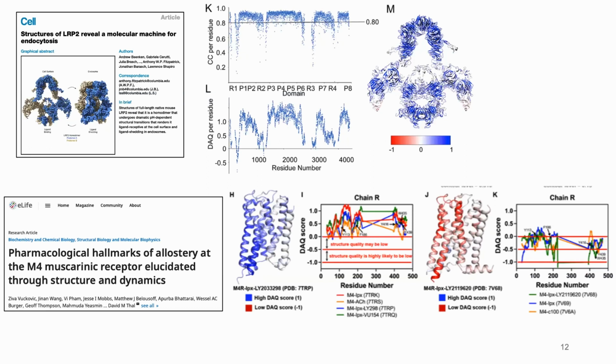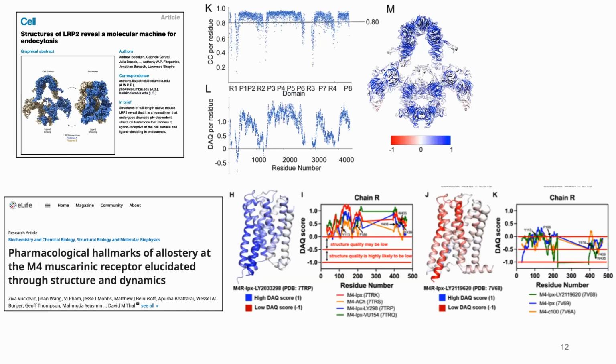For example, in this case, these regions don't show a clear color, so the value is maybe around 0. If we check the density map carefully, these regions are not clear, so the local resolution is maybe lower than 5 or 6 angstrom.